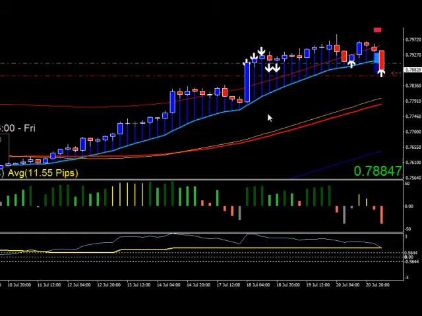So first, try and remember, no matter how much something looks like it's in your favor statistically, if I'm going to trade contrary to the trend, it's just going to be a short-term move.